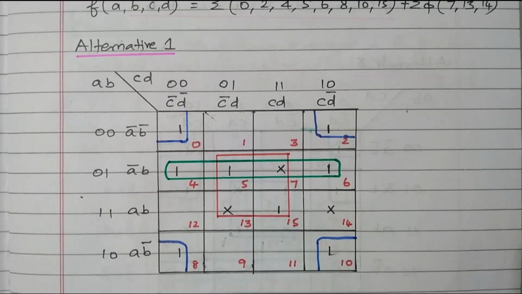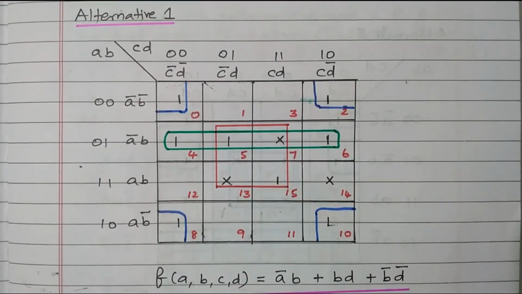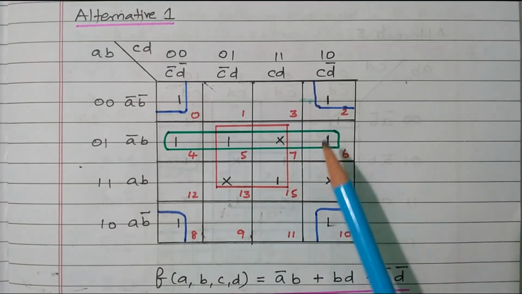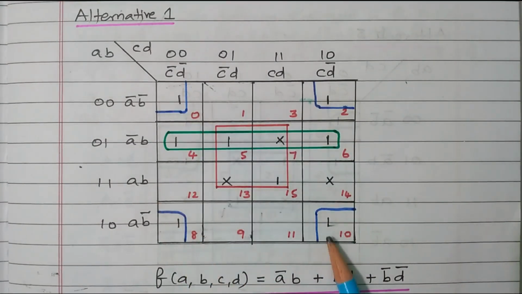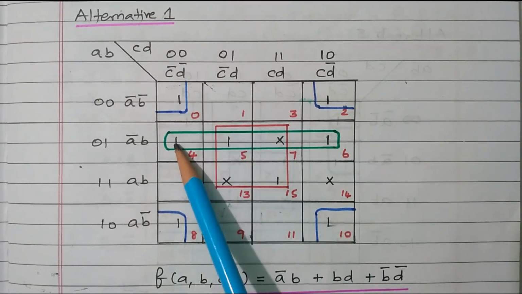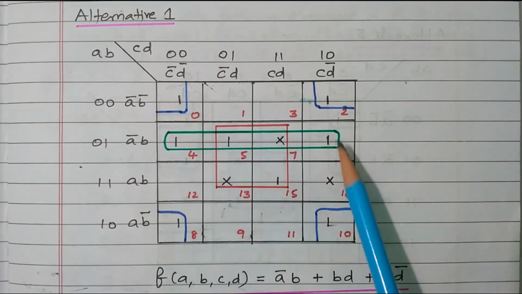Now we'll see this first alternate method. What are the possible methods available? See, these ones are available at the corners. So this one is available individually, right? So we need to concentrate on how to group this one. This one has the possibility to group with this one, and with this one.